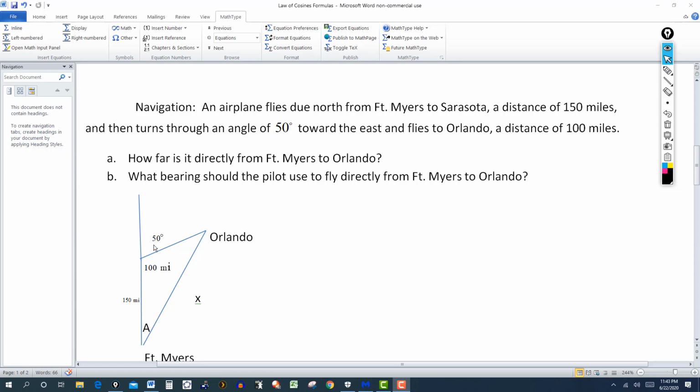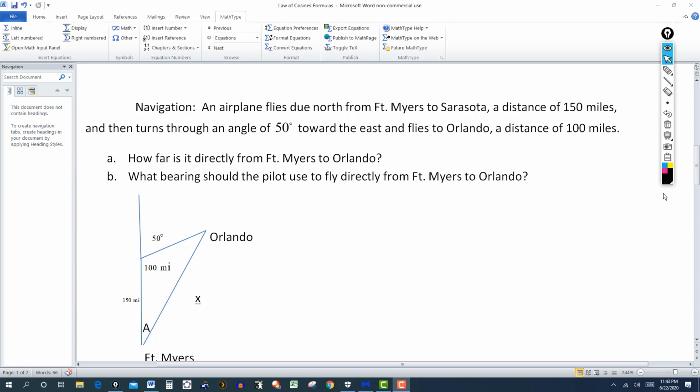That could be north, 50 degrees east. That's this angle right here. For part A, we're going to find the distance directly from Fort Myers to Orlando. We're going to find this distance that I've labeled x right there.